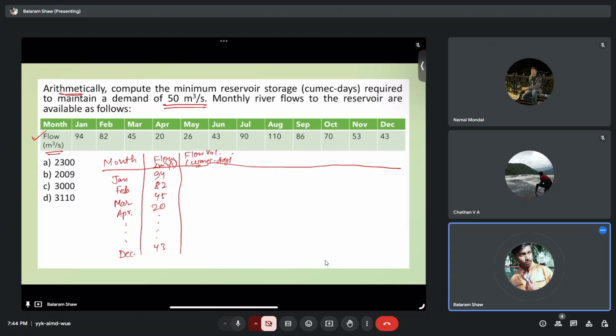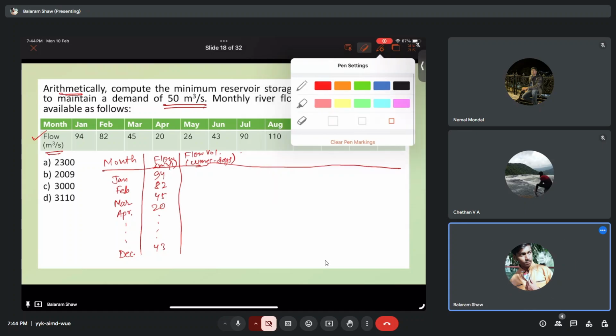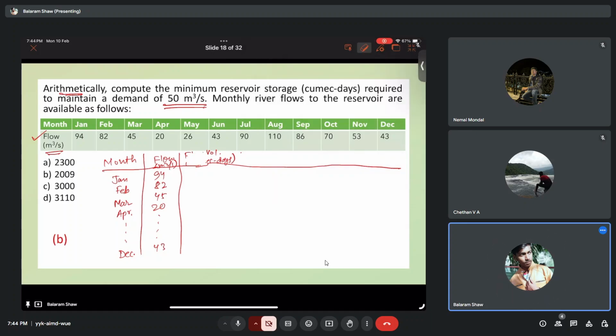So how will you calculate? We have the number of days in each month. In January we have 31. In February, let's say you have 28 days. In March 31, in April 30, and so on.